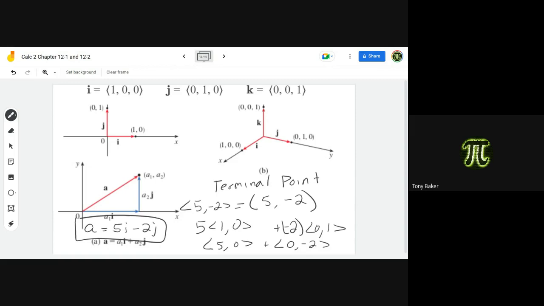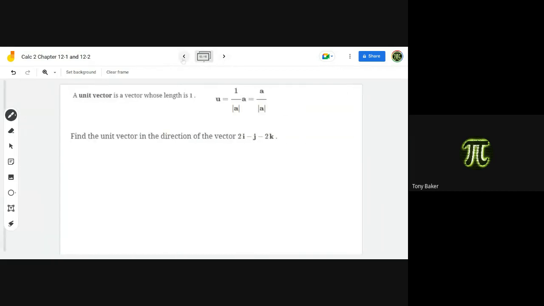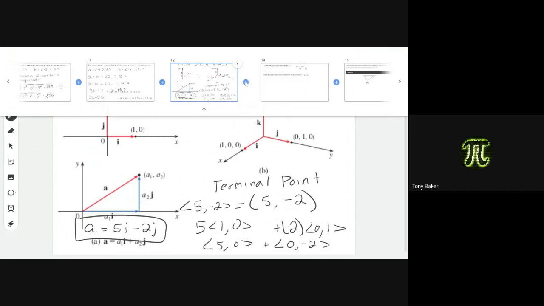So it's just another way to write it. And you're going to see the ijk format quite often, actually, more often than you're going to see this format, because this format kind of looks like a point, which confuses people, and this doesn't. But you need to know both because they both show up. So let's, okay. I deleted a problem in between here.